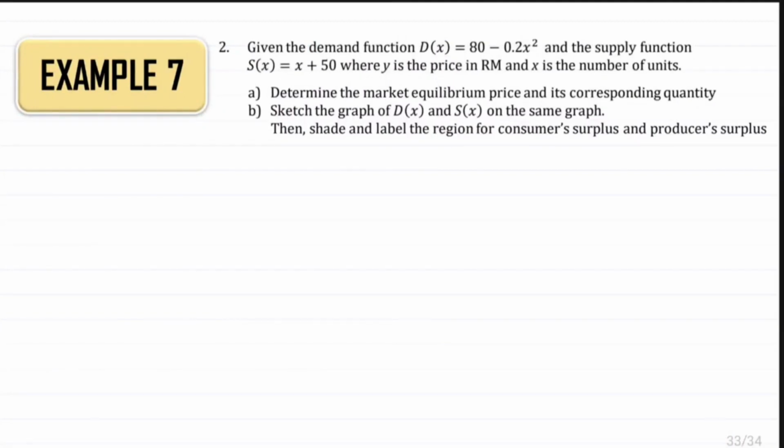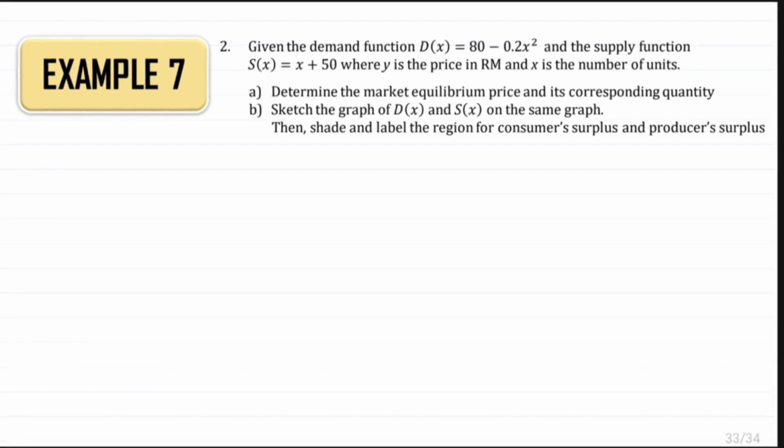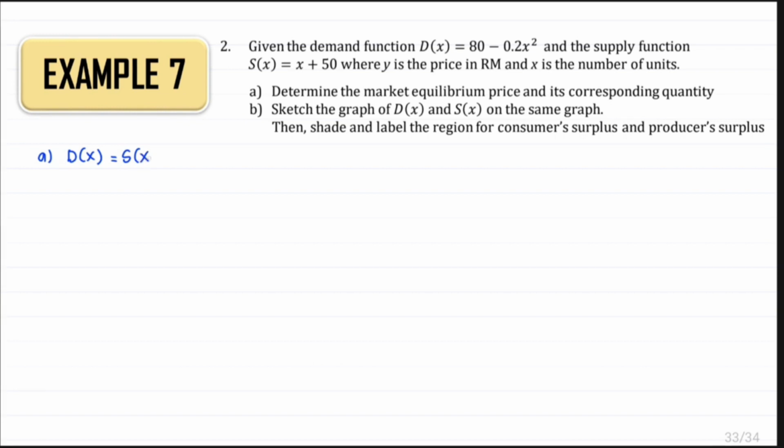Continue with example 7 number 2. Given the demand function Dx equals 80 minus 0.2 x square and the supply function Sx equals x plus 50, where y is the price in RM and x is the number of units. First question, determine the market equilibrium price and its corresponding quantity. Okay, now we equate function Dx with Sx. We arrange the function.